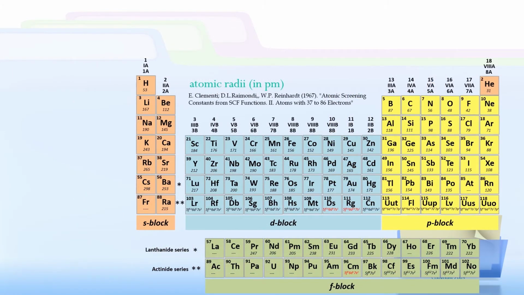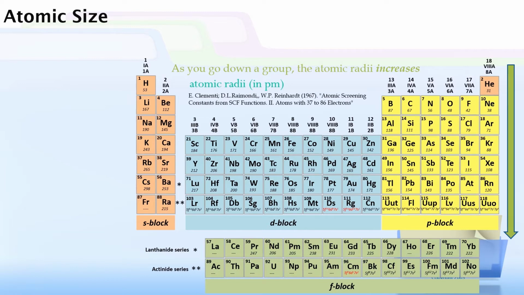Now, how about the size of neutral atoms? Well, the size of the atom depends on the outer electrons placed in the probability density of the outermost atomic orbital. Shown in this table are the radii of the atoms. The sizes are in picometers, or 10 to the minus 12th meters. The obvious trend is that as you go down a group, the atomic radii increase.